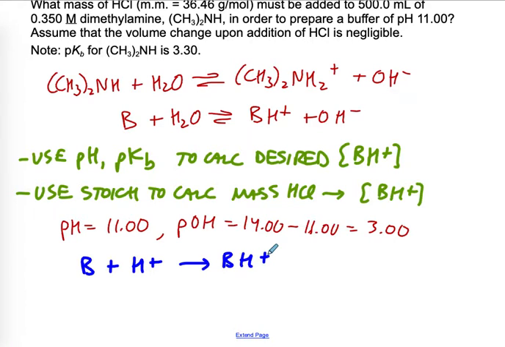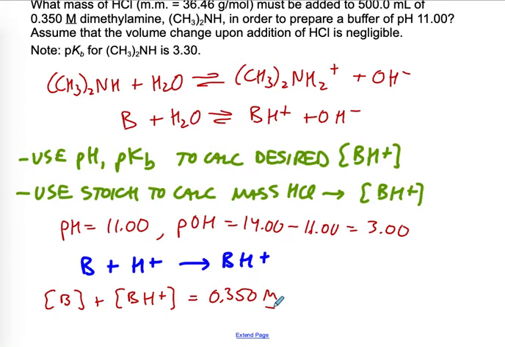Okay? Our further boundary conditions, if you will, are that the sum of the concentrations of unreacted dimethylamine and the dimethylammonium ion we're forming is equal to 0.350 molar. That's the case because if you look at the equation right above it, we see that the total moles of dimethylamine and dimethylammonium must remain constant.